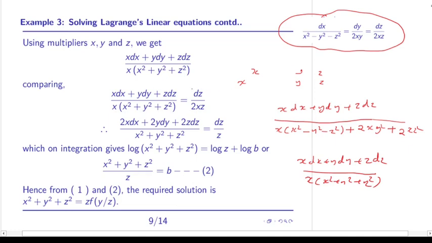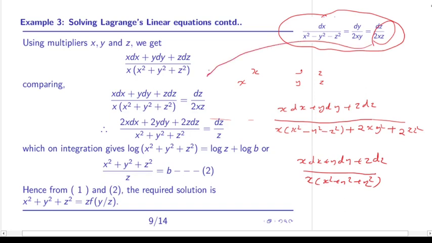So you can compare the equation that we formed with any of the three equations in the subsidiary equation. So we compare this with the third unit of the subsidiary equation.